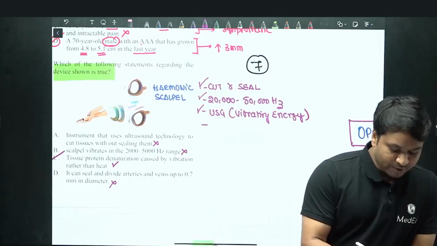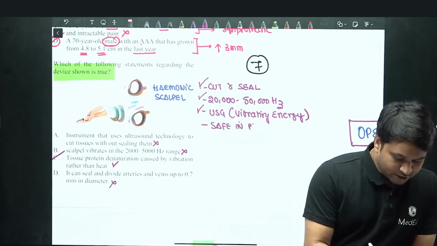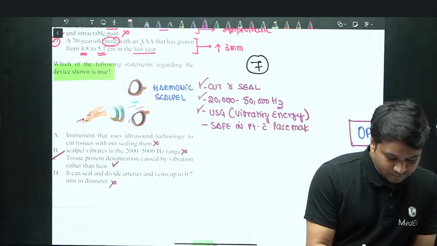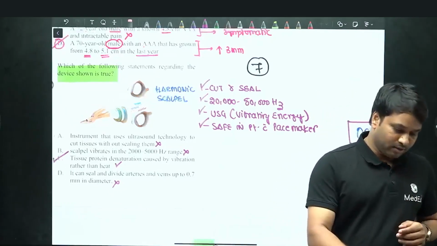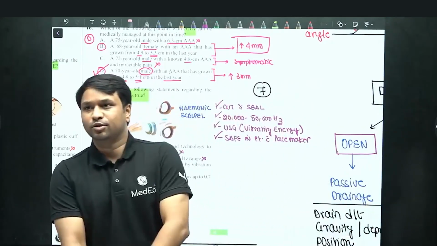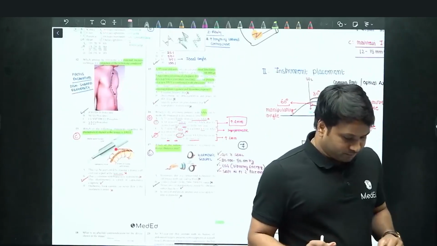It is going to use the vibrating energy. It is safe in patients with pacemaker, right? So the answer here is going to be C for Calcutta. Clear? Sure.